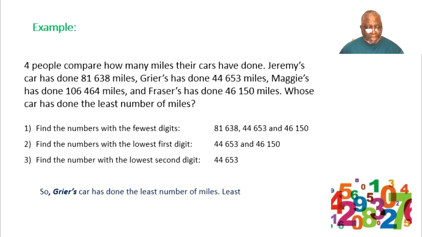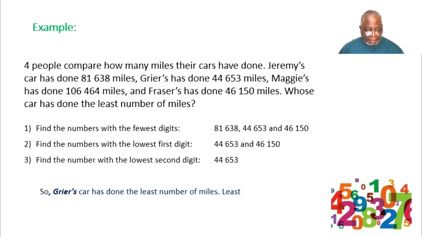Whose car has done the least number of miles? Now think for a minute, why would you compare car mileage? Obviously, if you want to buy a car, especially if you want to buy a second-hand car, then you will look for the car that's got the least mileage, because that is the car that is likely to last you longer and give you less problems in terms of maintenance.